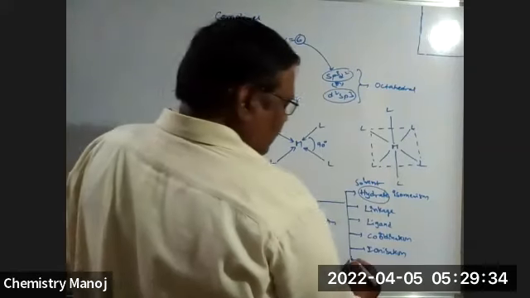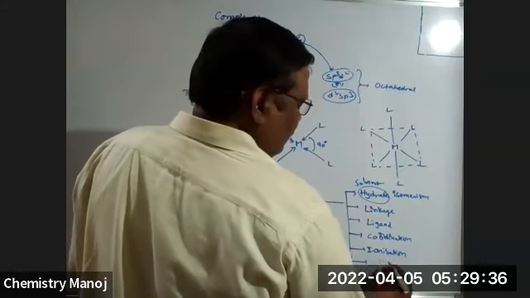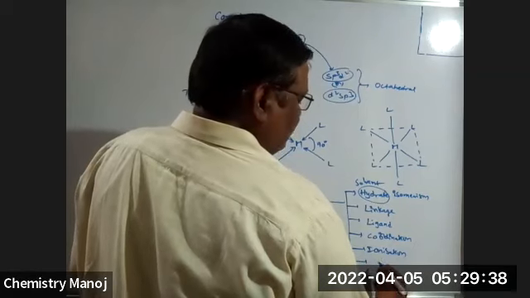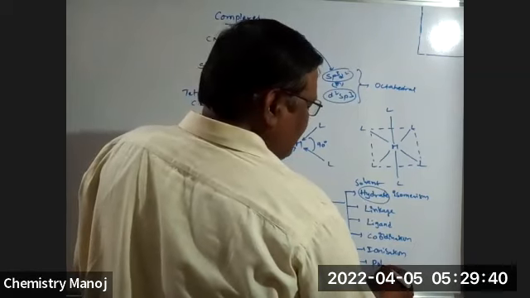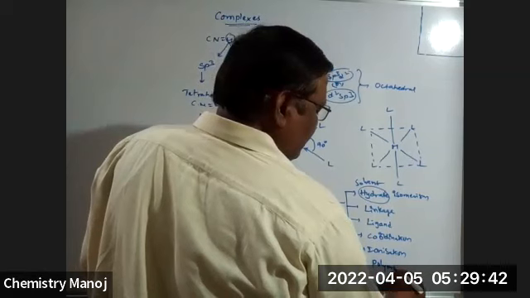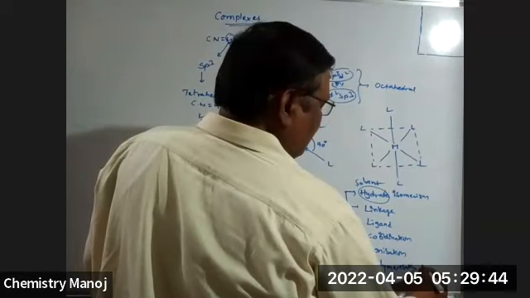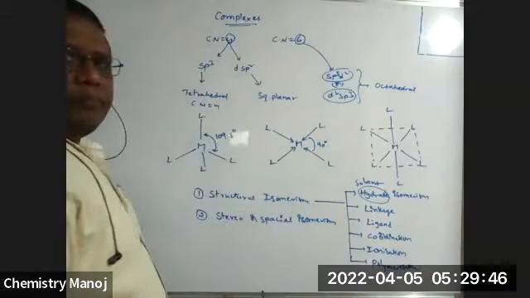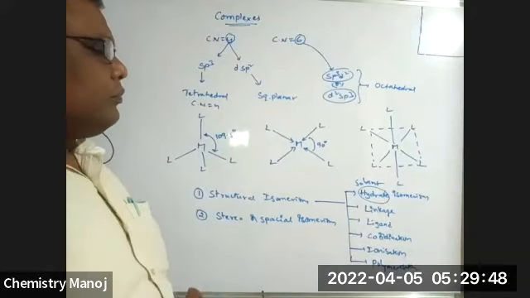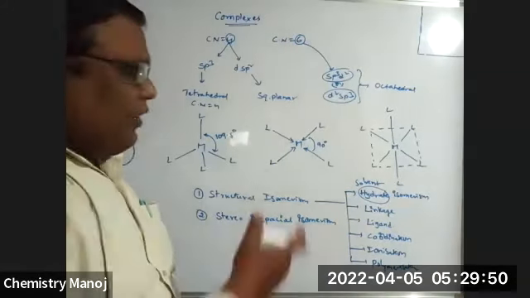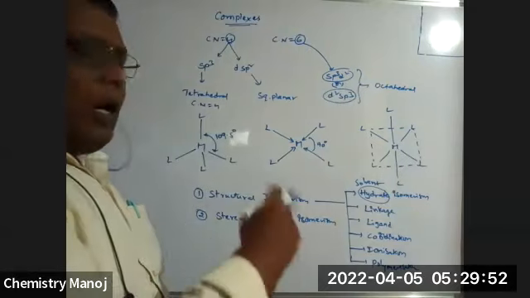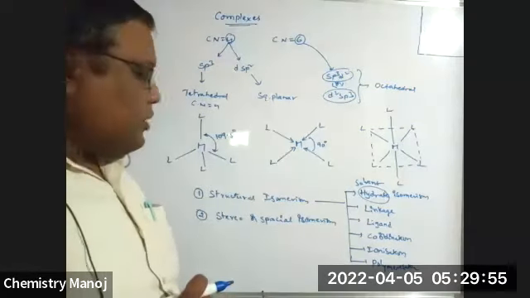Next, polymerization isomerism. Like this, different types of isomerism are possible. All those are structural isomerism.